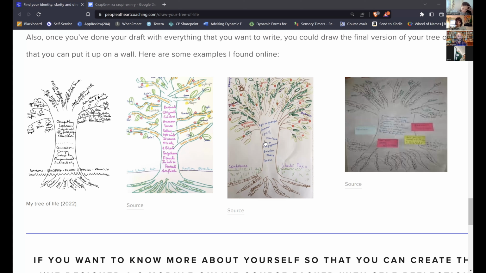You can also include skills, abilities, and accomplishments in your life.